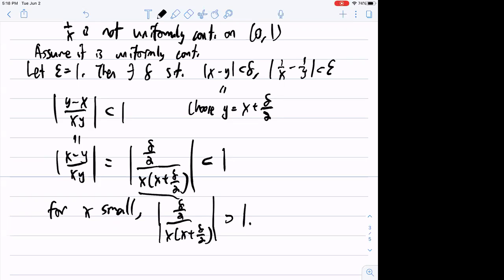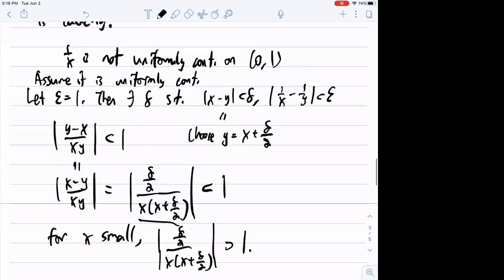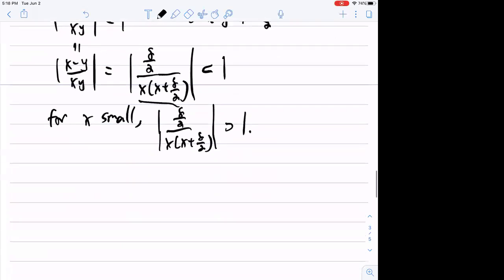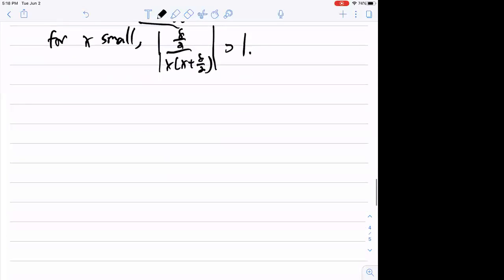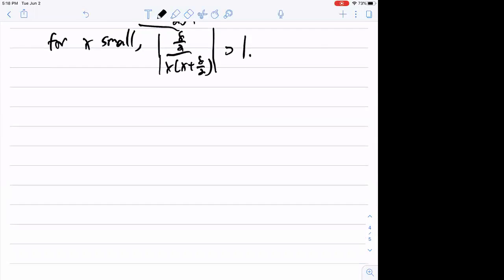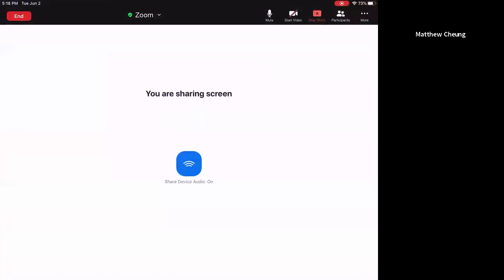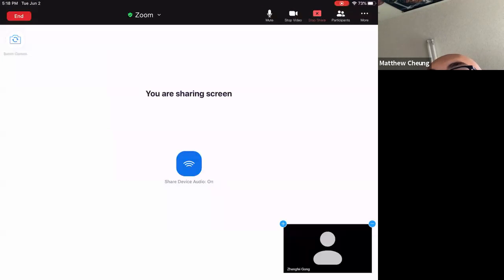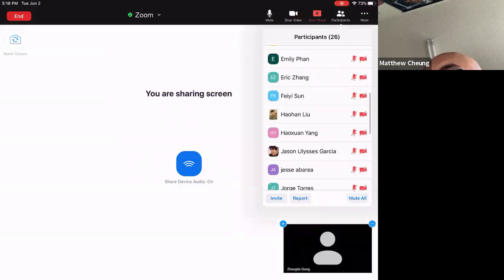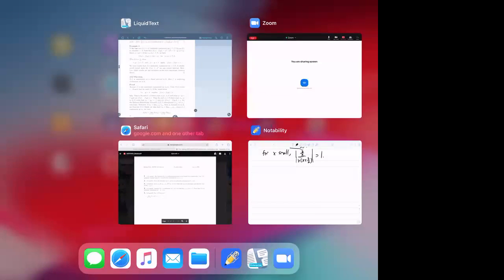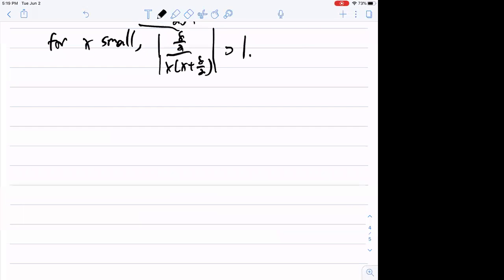I'm pretty sure you could just say this. So you see, it's not uniformly continuous. Okay, is everyone comfortable right now? Okay, let's move on.